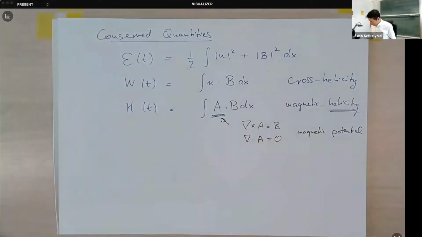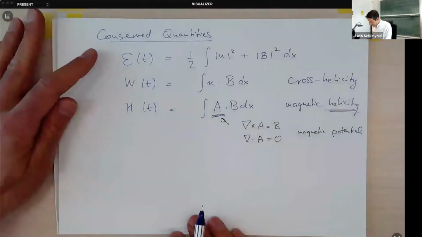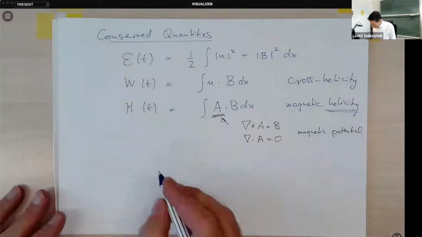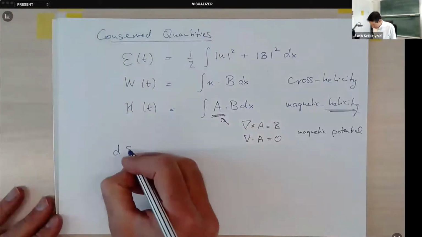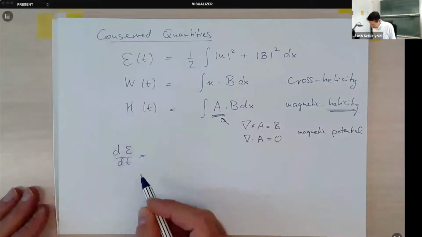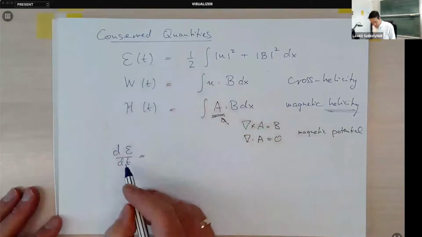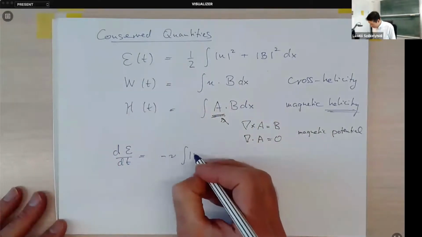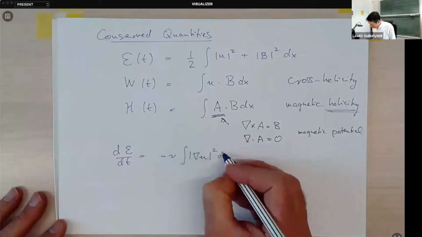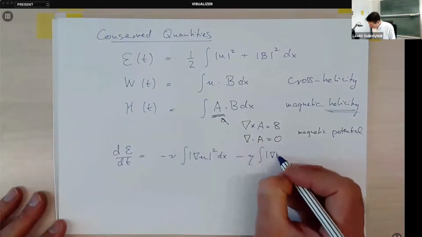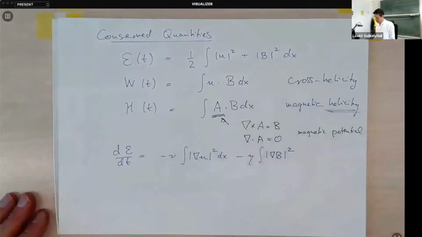Okay, so let's say energy balance for these 3 quantities is as follows. This is a very simple calculation. The total energy changes in time according to viscosity, as in Navier-Stokes, and the same way from the magnetic diffusion.